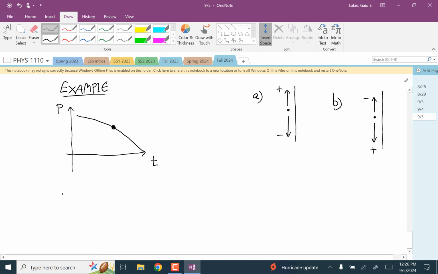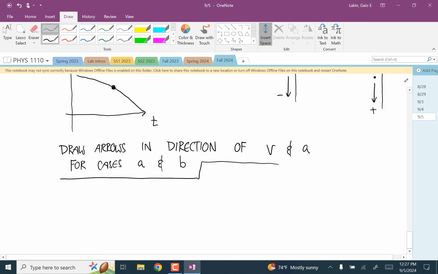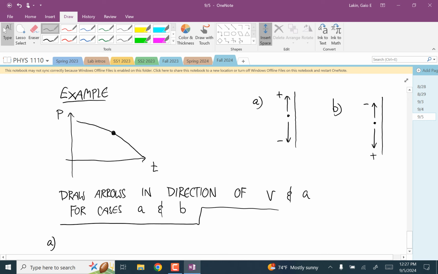And what we want to do is draw arrows in the direction of the velocity and the acceleration for cases A and B. Okay, so for A, first, we have to figure out the sign of the velocity and the acceleration.